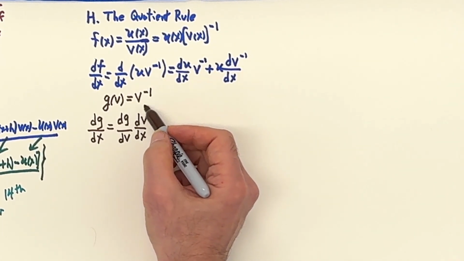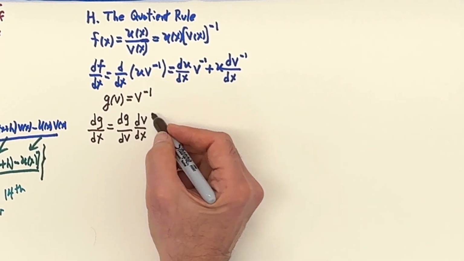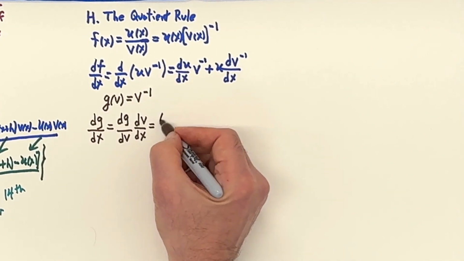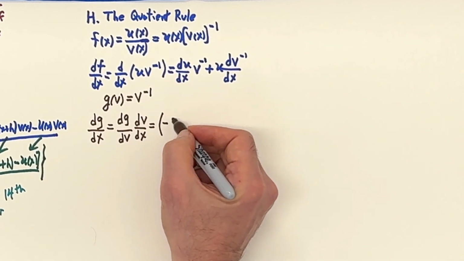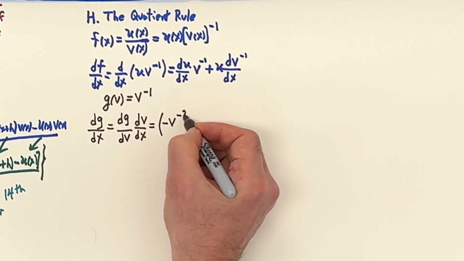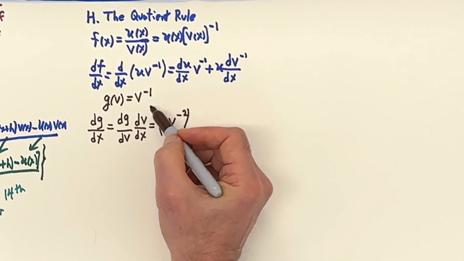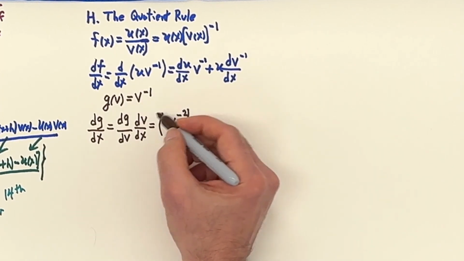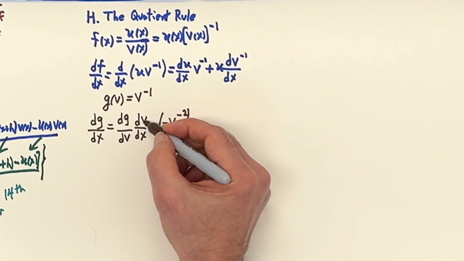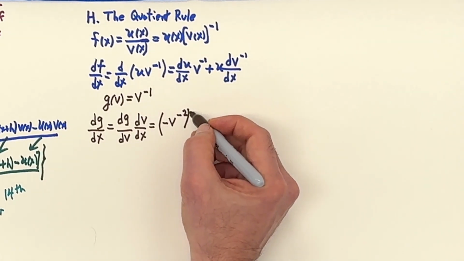So the derivative of g with respect to v would be equal to, you bring the minus 1 down, and you'd have v to the minus 2. That would be this first term here. But then I need to multiply by dv dx.